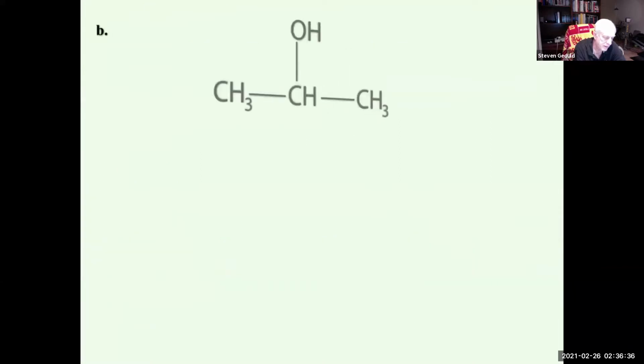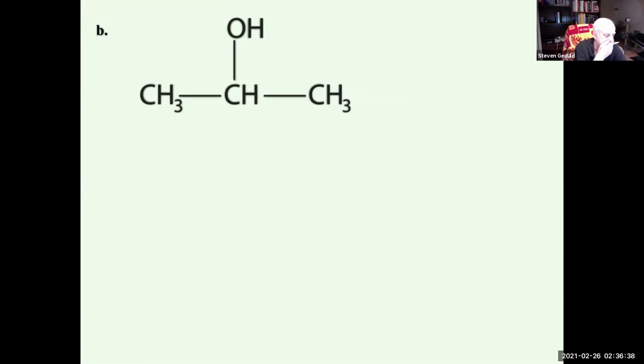Okay, let's do this one. This is 2-propanol. If we lose the OH group, now we can lose a hydrogen from here, or we can lose a hydrogen from here.